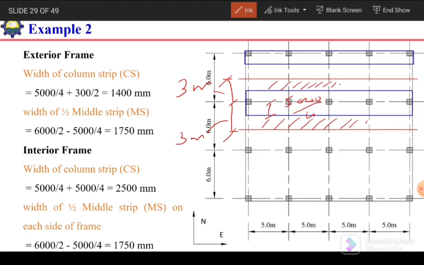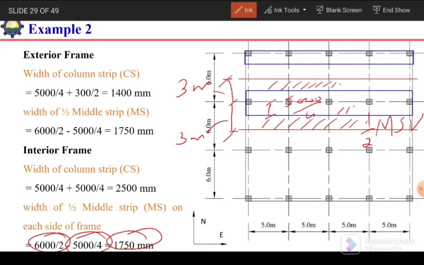So the width of this half middle strip will be 6000 divided by 2, meaning this 3 meter, minus the width of this half column strip, 5000 divided by 4. So the width of half middle strip will be 1750 millimeter.